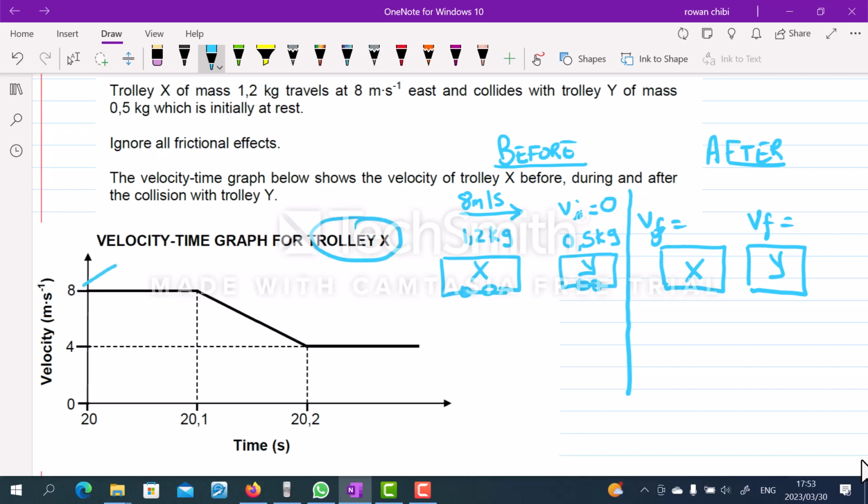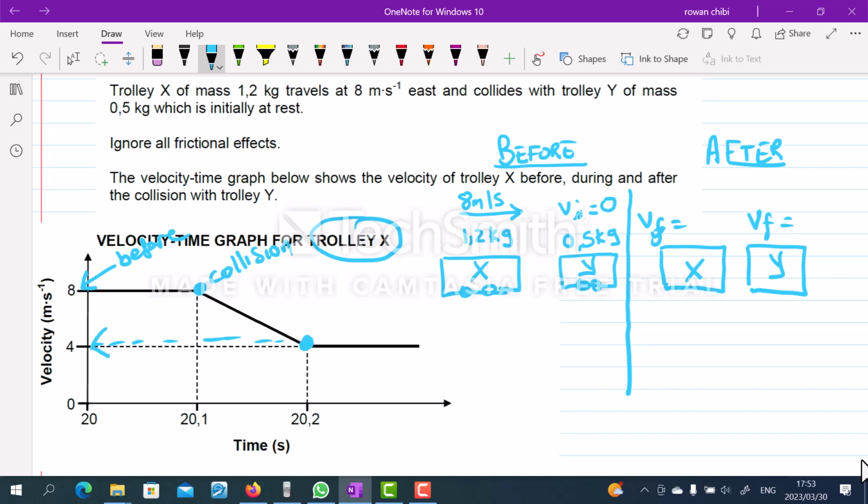So this one was before. This was the velocity of trolley X before. At this point something happens to trolley X. We know here there is a collision, and then this is the velocity of trolley X after collision.